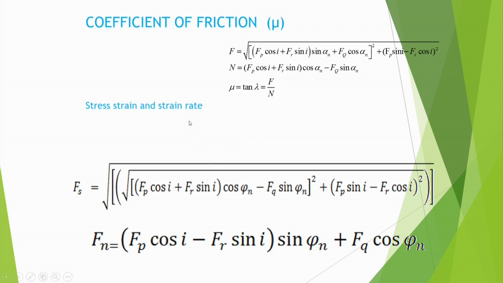And for shear strain and strain rate, you can find this relation: Fs is equal to this type of expression, and Fn is equal to (Fp cos I minus Fr sin I) sin phi n plus Fq cos phi n.